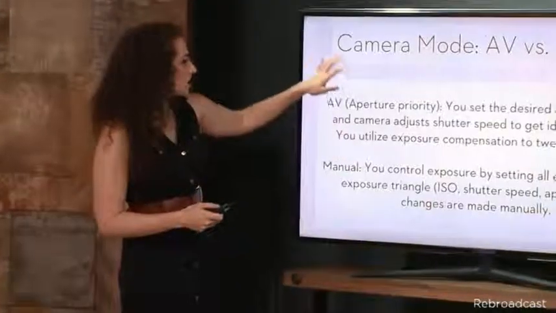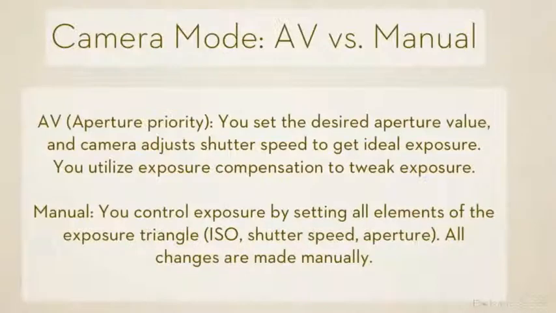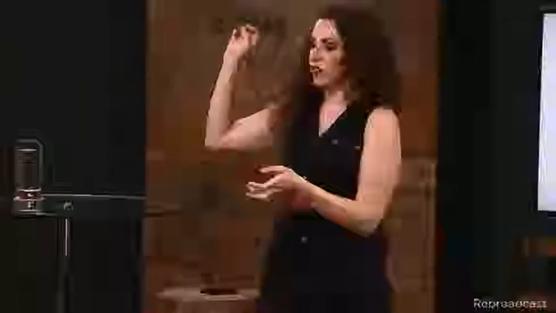We talked about that. Aperture priority versus manual. All right, so you're shooting with your speed light, and you've got TTL or manual are your two options for setting your speed light. But that's independent and not necessarily related to how your camera is metering. Your camera's settings could be aperture priority or manual.